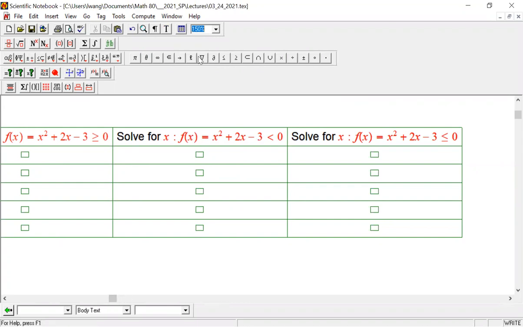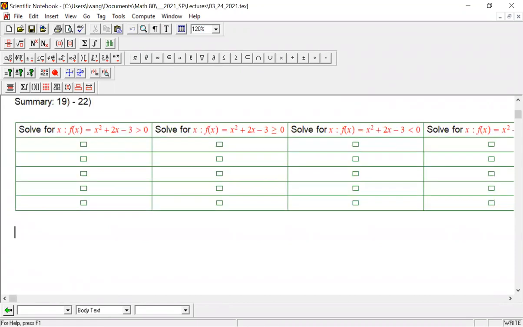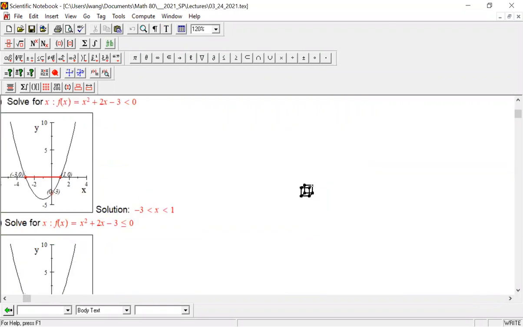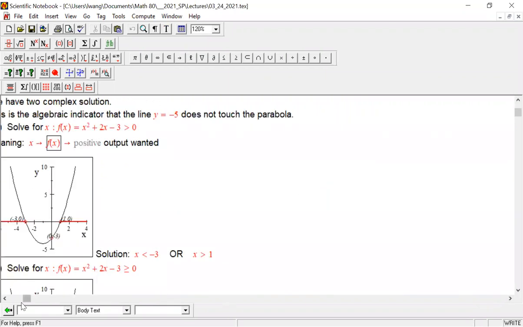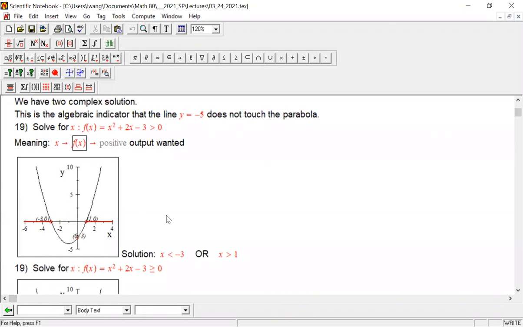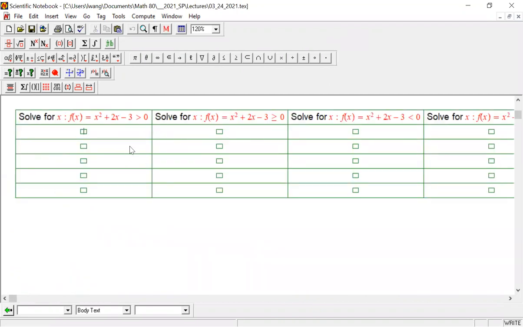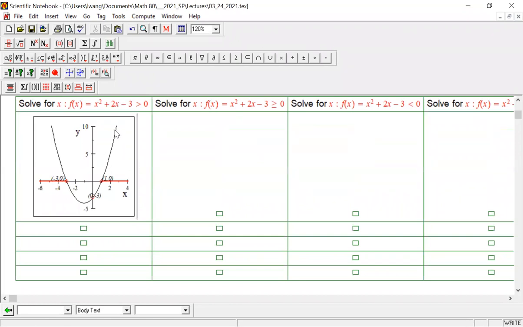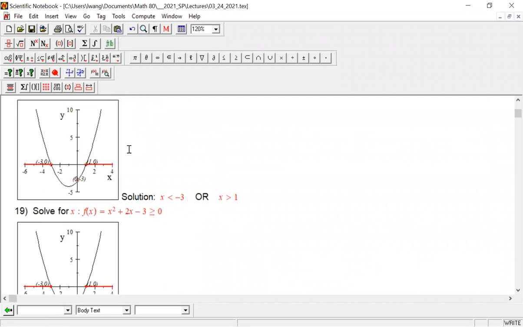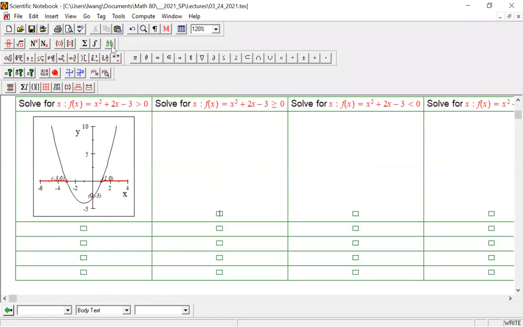In each case, we have a picture. Let me make this just a little bit smaller to see if we can hold it all in one picture. Okay, so for larger than 0, we want the output to be larger than 0, right? So that's the picture we got. So positive output. Positive or 0. Right there.